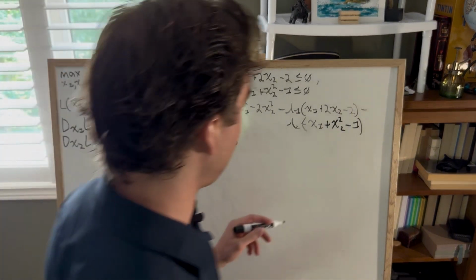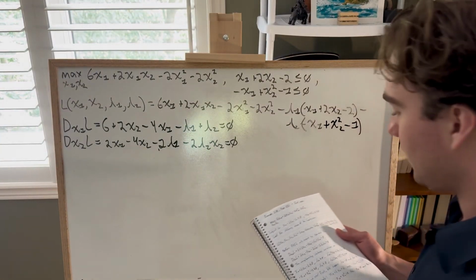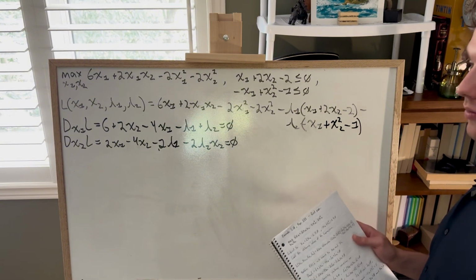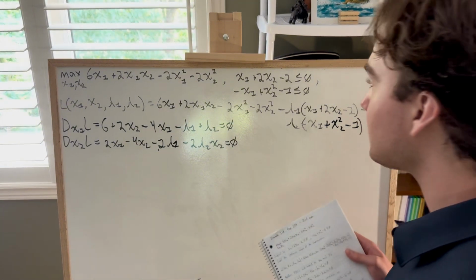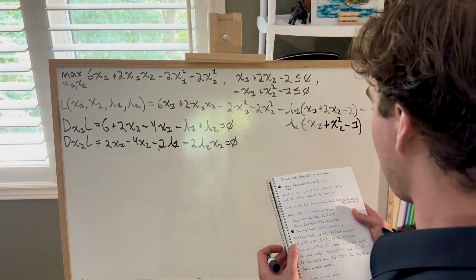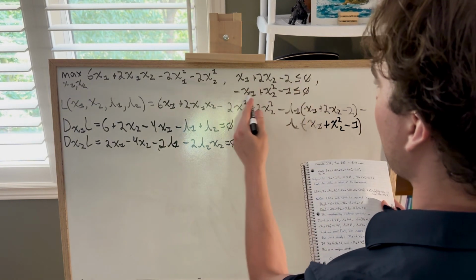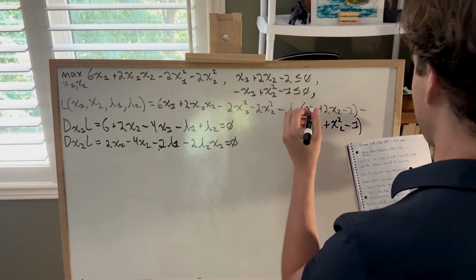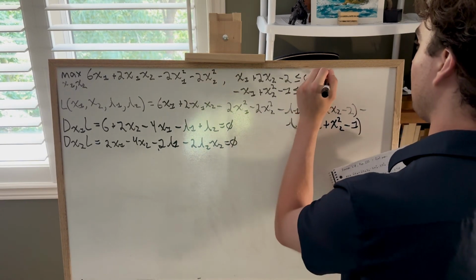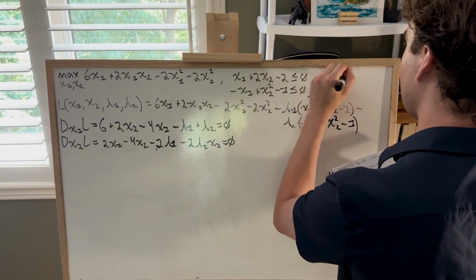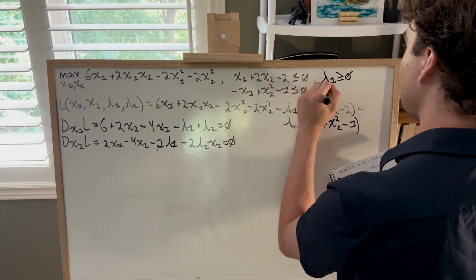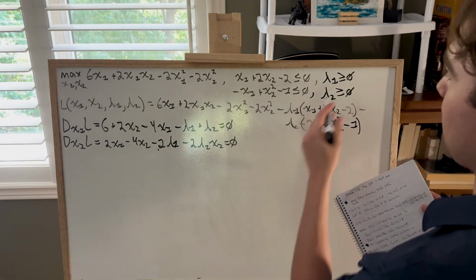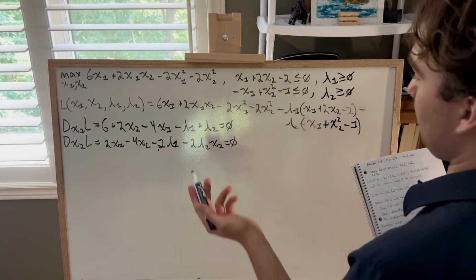And then I'm going to write the complementary slackness conditions, which you could have written at any point, because part of it is already right here, so I won't rewrite this. But obviously you've got this to be true and that to be true, and then this all has to equal 0.